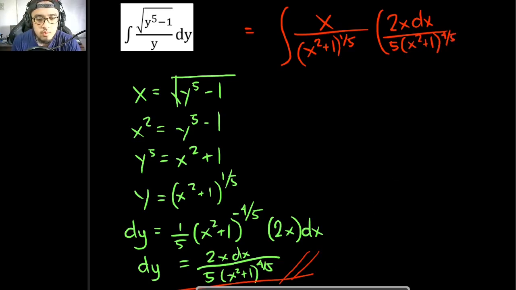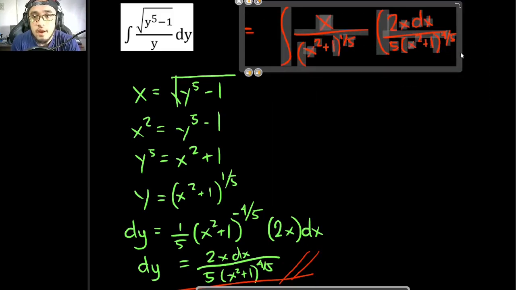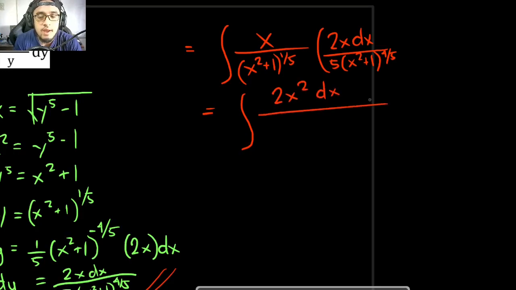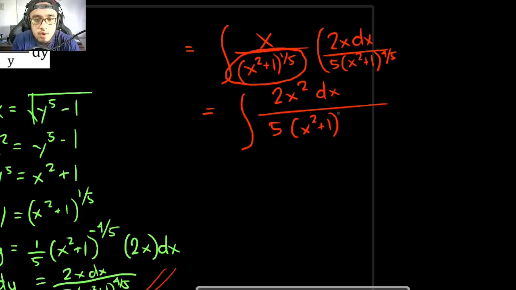So there. What I would be doing now is simplifying this term. This is now equal to the integral of 2x squared dx divided by 5 times x squared plus 1 raised to 1 over 5 times x squared plus 1 raised to 4 over 5. So 1 over 5 plus 4 over 5 gives x squared plus 1 raised to 5 over 5, or x squared plus 1 raised to 1.